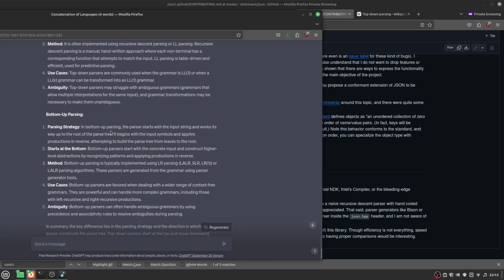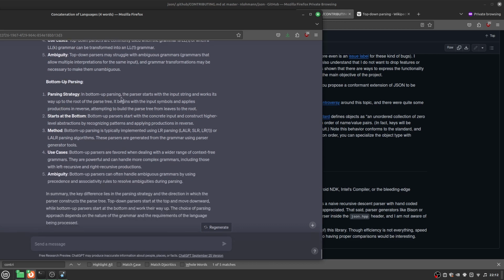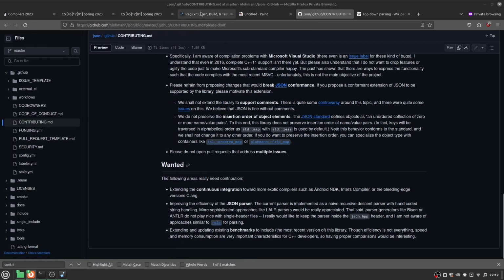Okay. Bottom-up parsing. In bottom-up parsing, the parser starts with the input string and works its way up to the root of the parse tree. It begins with the input symbols and applies productions in reverse, attempting to build the parse tree. Oh, okay. Right. That makes sense now.